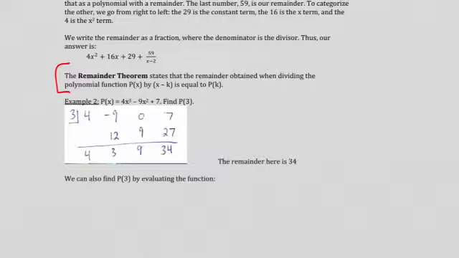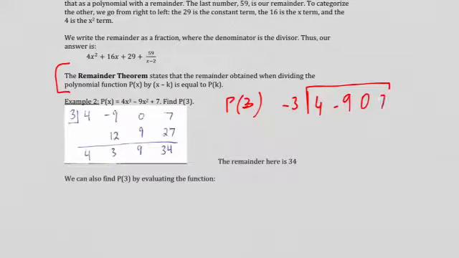So when the question is calculate P of 3, you could simply divide using negative 3 with synthetic division: 4, negative 9, then 0, because there is no x term, and then 7. Don't forget, you need to have decreasing exponents in x, so you are missing the 0x. So you're going to have a 0 right here, and then you're going to do exactly the same thing.